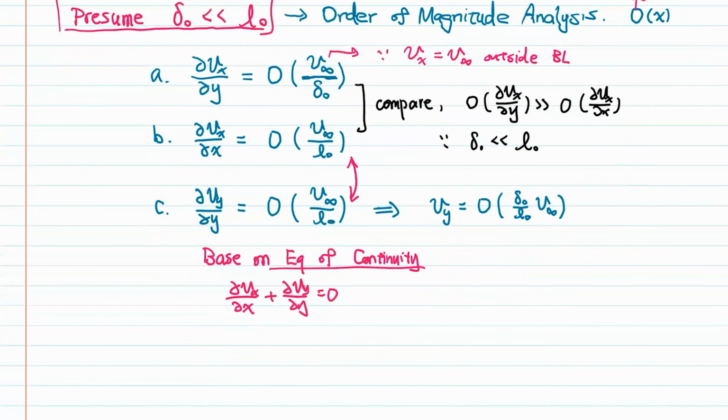Right, because if Vy is divided by delta naught, then you have the order of V infinite over L naught. Okay, and that means Vy should be much smaller than Vx, which is on the order of V infinite.